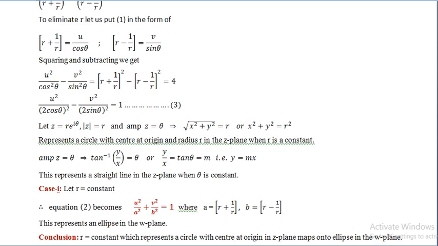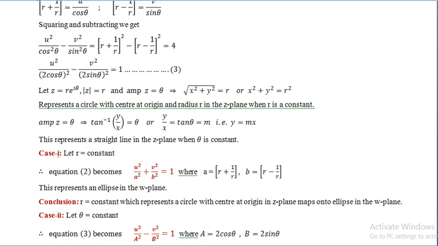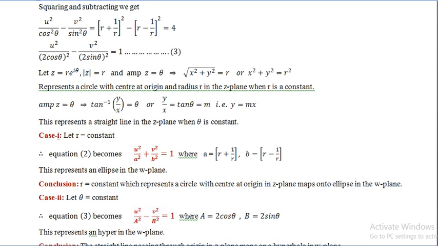So the equation of the circle in the z plane is transformed into the equation of the ellipse. So the conclusion is, when r is constant, the circle with center at origin in the z plane maps onto an ellipse in the w plane.